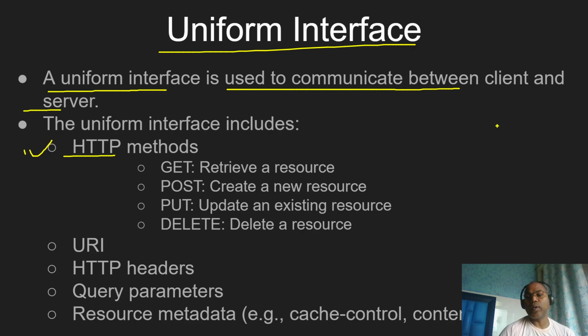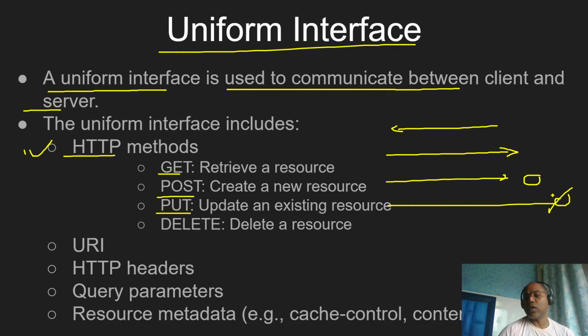If you want to get some data, you have to use the GET method. If you want to create a new resource, you use POST. If you want to update information of an existing record or resource, you use PUT. And if you want to remove a record or resource from the server, you use the DELETE request.